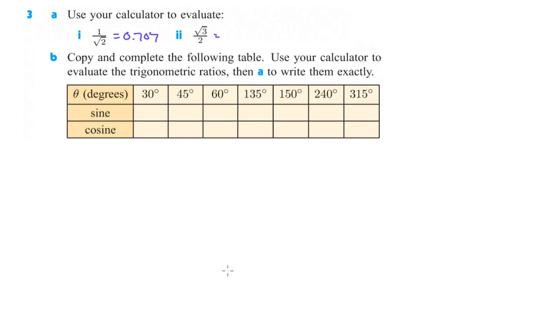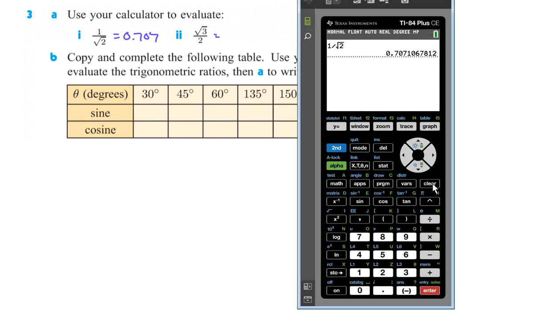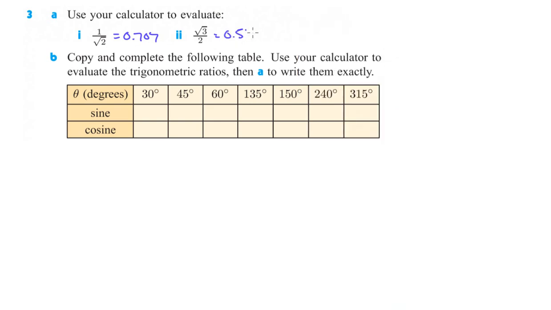Okay, and then root 3 over 2. I've got root 3 divided by 2 gives us 0.577. Okay, so it says copy and complete the following table. Use your calculator to evaluate the trig ratios, then write them exactly.